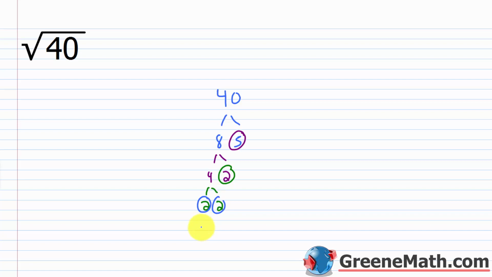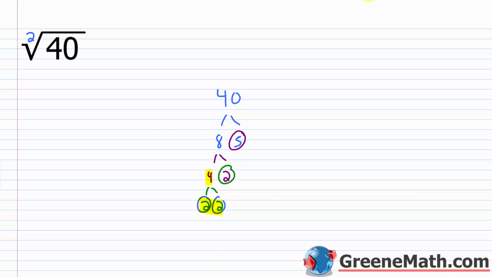So what am I looking for? If I have a square root, I'm looking for factors of 40 that are a perfect square. In other words, I'm looking for factors of 40 where their square root is a rational number. So 4 is a perfect square because it's 2 times 2, right?